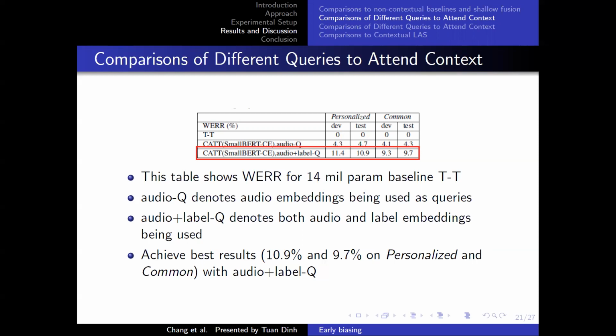This table shows the word error rate for the baseline transformer transducer, CAT using audio query, and CAT using both audio and label query. Using both audio and label queries achieved the best result, 10.9% for the personalized dataset and 9.7% for the common dataset.